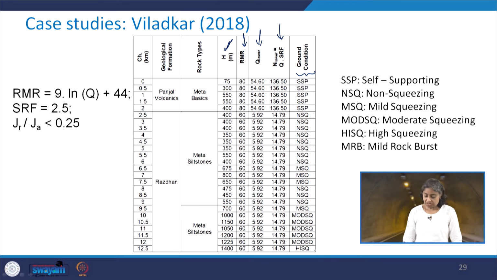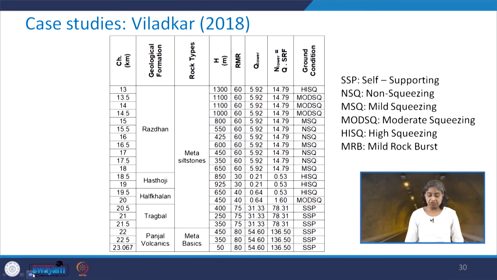Here the notations which are given correspond to SSP as the self-supporting ground condition, NSQ is non-squeezing, MSQ is mild squeezing, mod SQ is moderate squeezing, HISQ is high squeezing ground condition, and MRB stands for mild rock burst. So, these are the expressions which we learnt earlier that were used for the calculation and generation of the table.